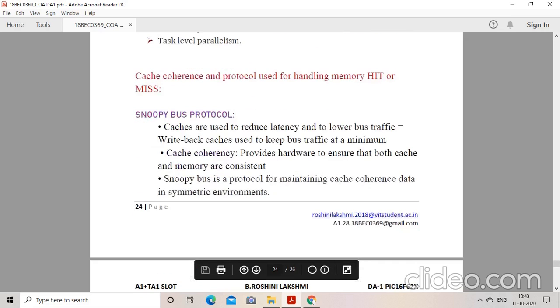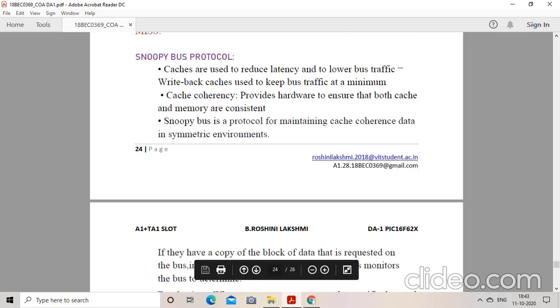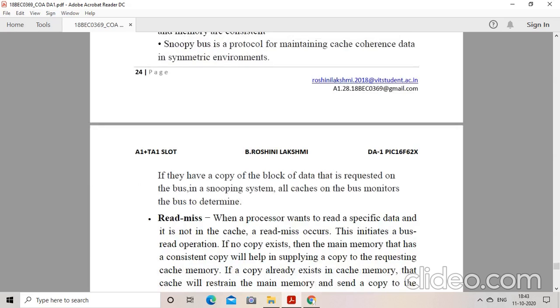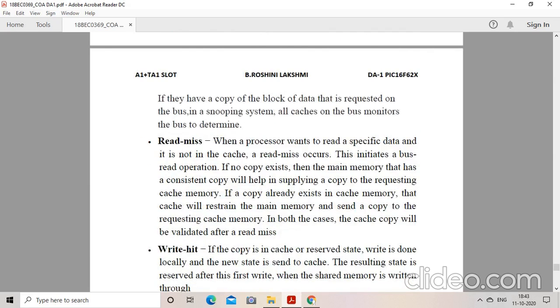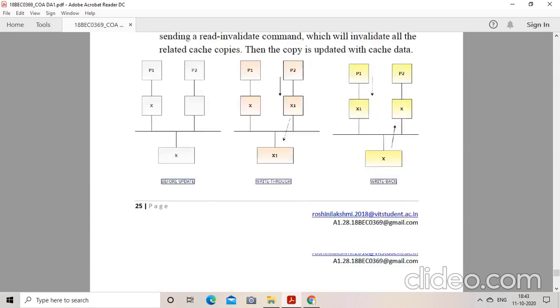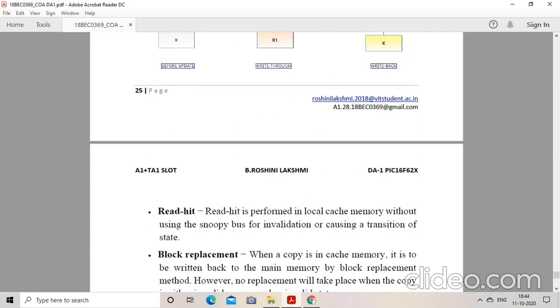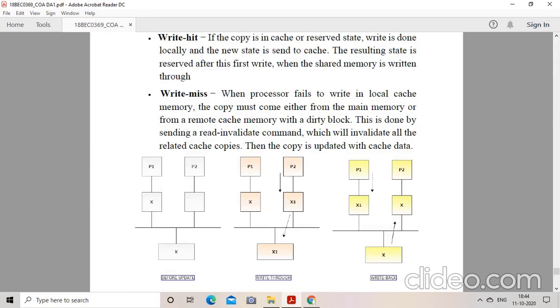Snoopy bus protocol. Caches are used to reduce latency and to lower bus traffic. Cache coherency provides hardware to ensure that both cache and memory are consistent. Read miss, write hit, write miss, read hit are the methods that we follow during accessing of data from cache memory as well as from the data memory.